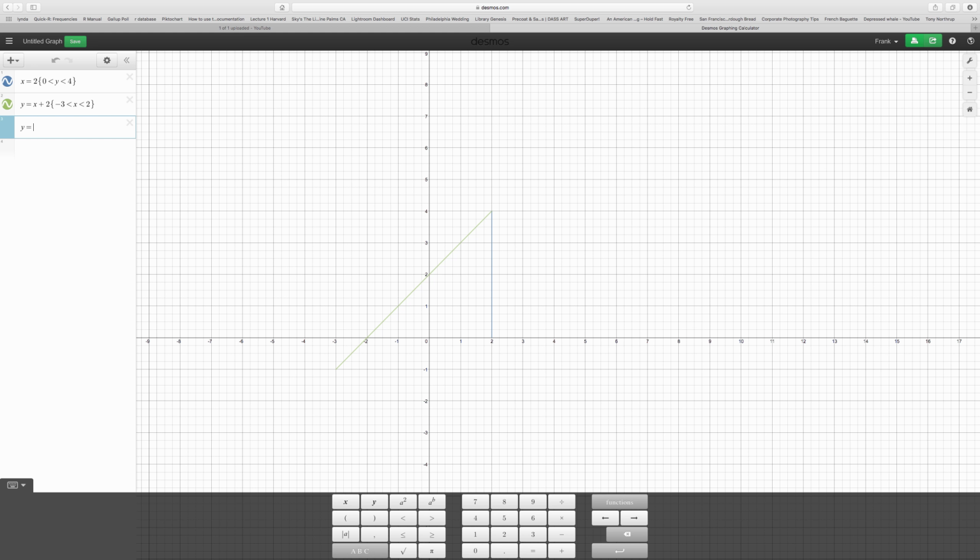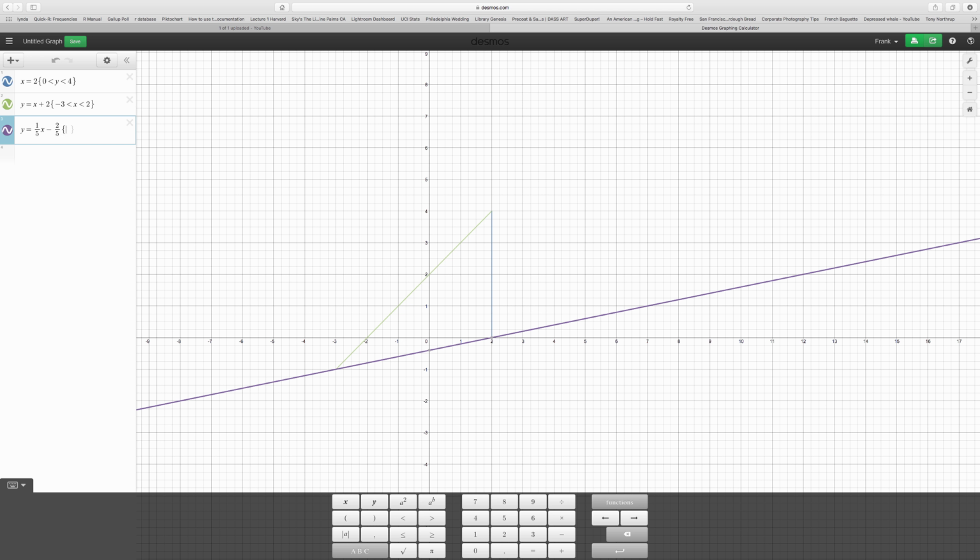Next line is y is equal to 1 over 5 x, minus 2 over 5, right? Bounded by, what? We haven't finished that. Okay, so this is bounded by, it goes from here, negative 3 till 2.